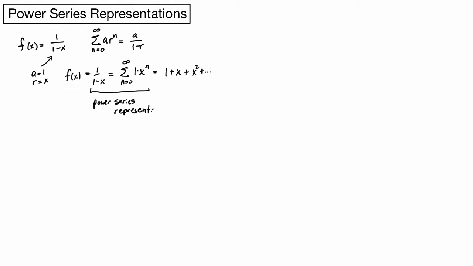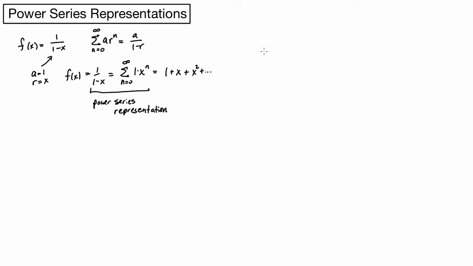It turns out that a lot of functions have power series representations. We're going to explore a lot of those in this lecture, and then we're also going to explore an extension of this called a Taylor series in the lecture on Monday before our exam on Wednesday.